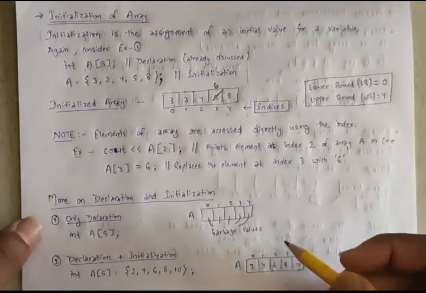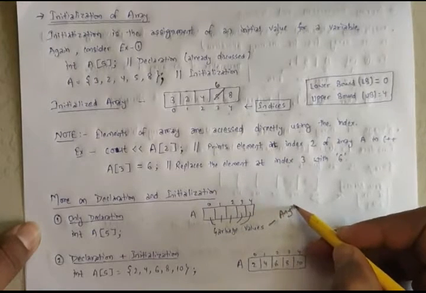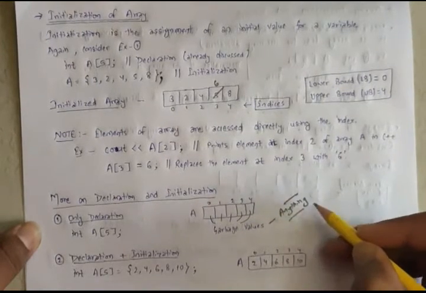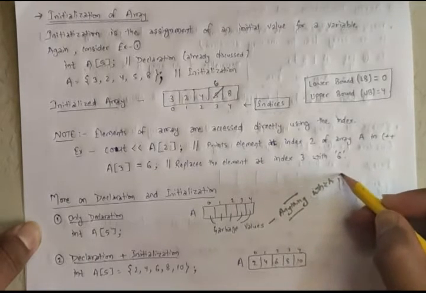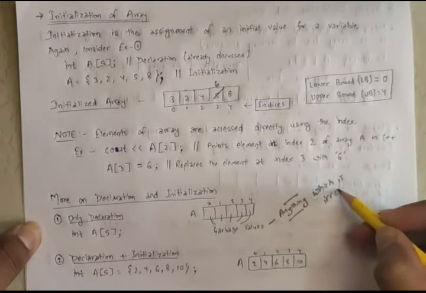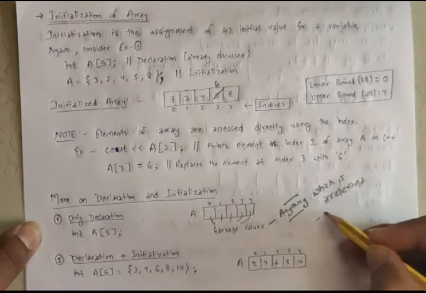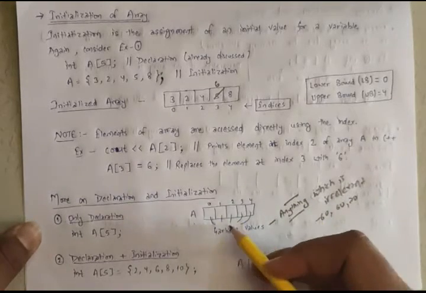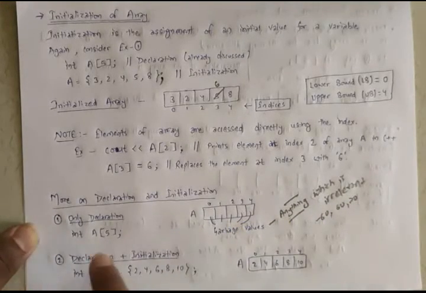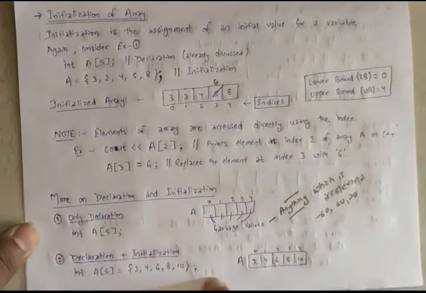Garbage values means anything irrelevant can be stored. It can be anything like minus 60, 60, 70, when we only declare it and don't initialize any value.